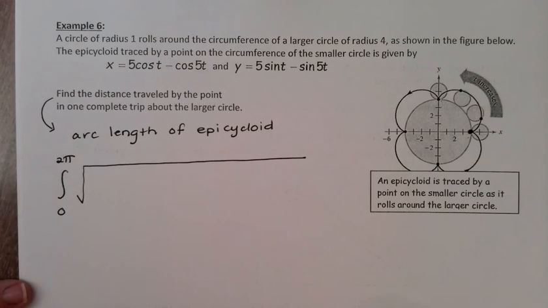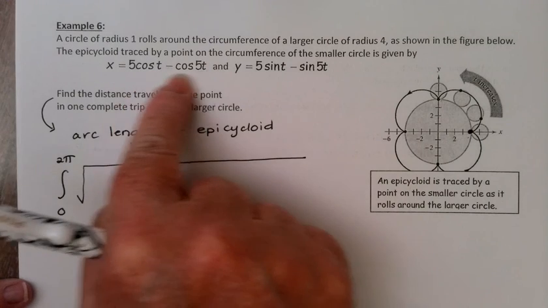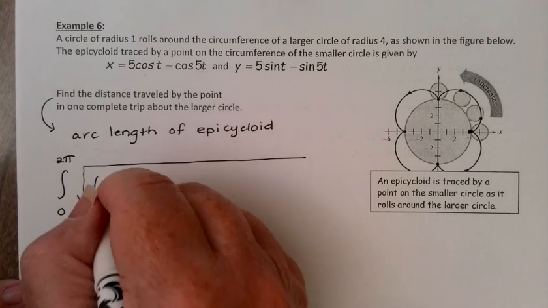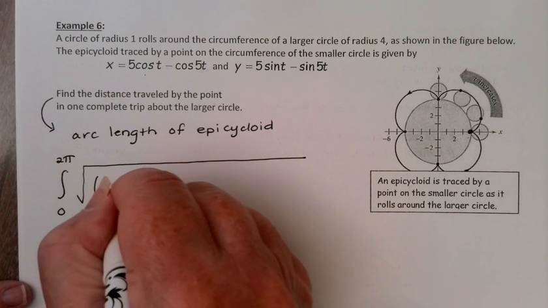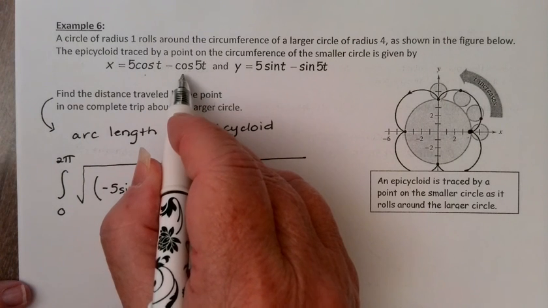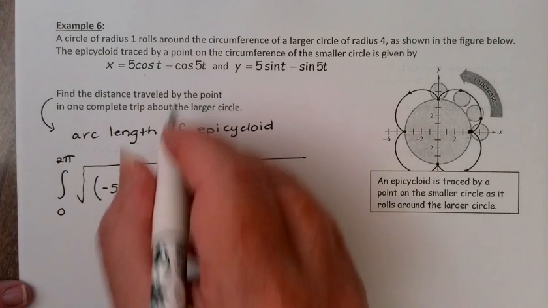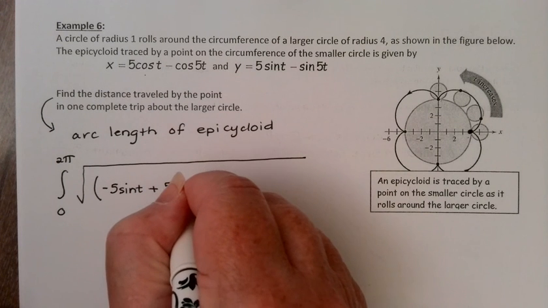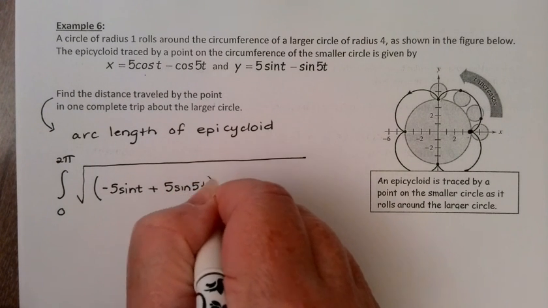I then need the square root of dx dt squared. Dx dt, minus 5 sine t. That'll be minus a negative, so plus 5 sine 5t. Little chain rule in there, right?